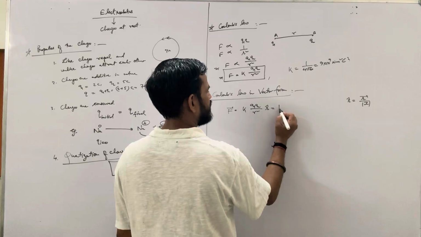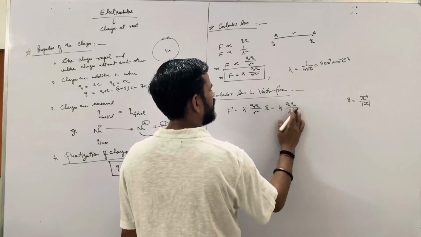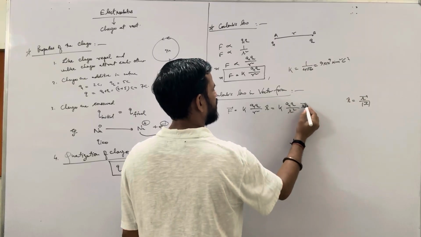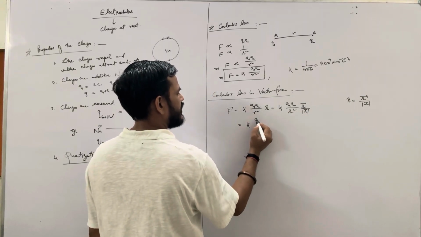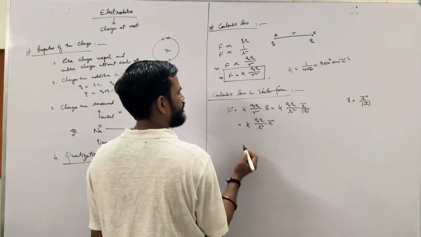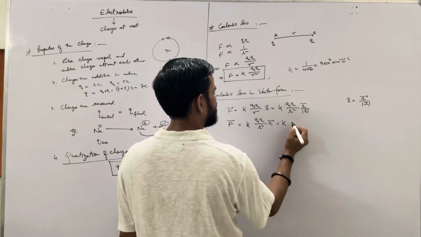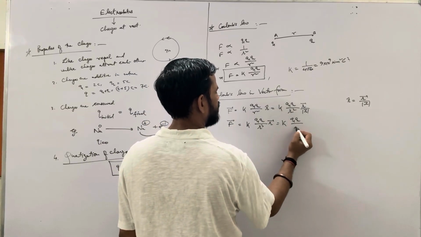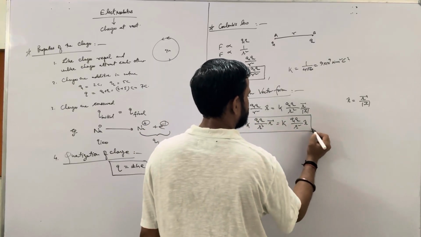So it will be K q1 q2 by r square, r vector by its magnitude. So it becomes K q1 q2 by r cube r. So the vector form is this. These two forms are in the vector form. So this is Coulomb's law in vector form.